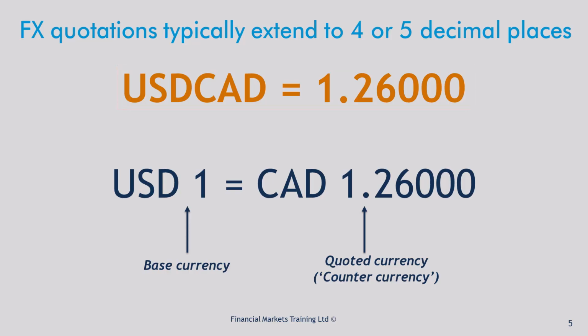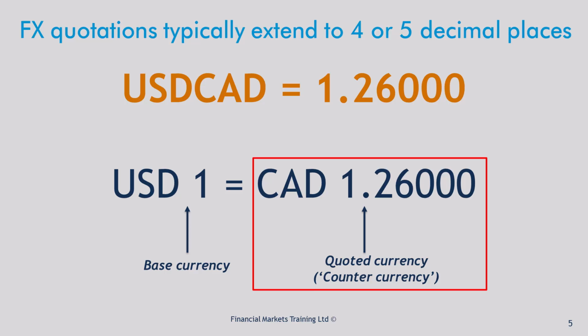Quotes are normally expressed to 5 or 6 decimal places. Although there is not a great deal of consistency of terminology, I will refer to the currency that comprises one unit as the base currency and the currency expressed in variable amounts to the right of the equals sign as the quoted or counter currency.